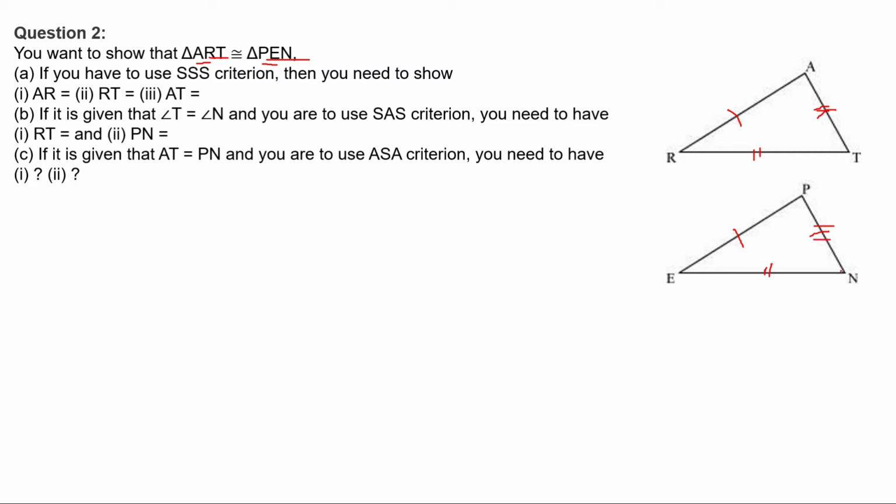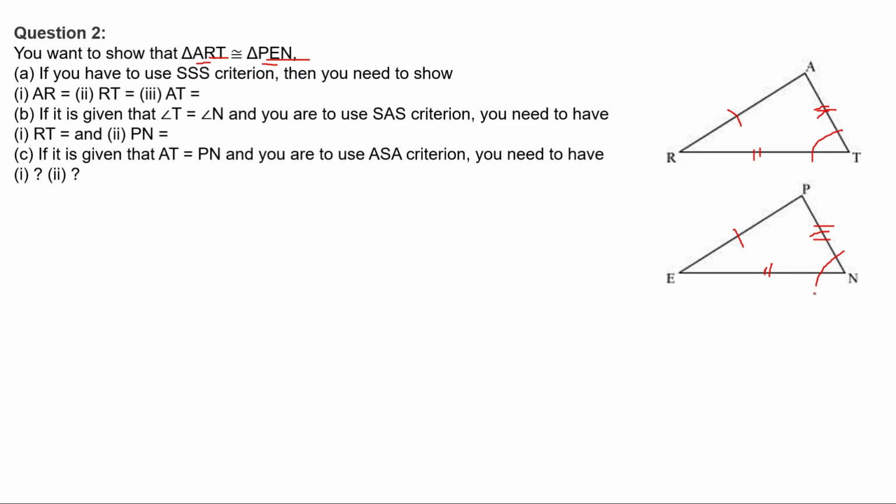In B it is given that angle T is equal to angle N. So where is angle T? In triangle ART, you can see this is angle T. Angle T is equal to angle N, which is given.